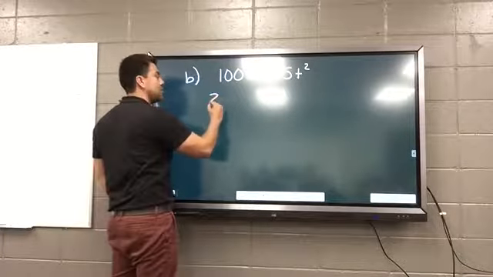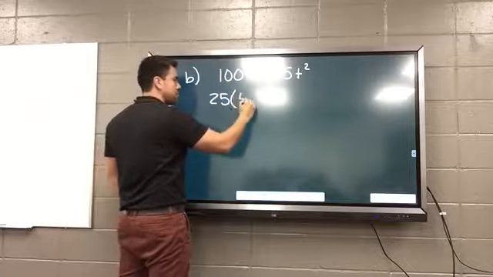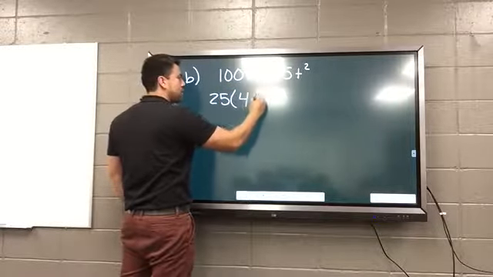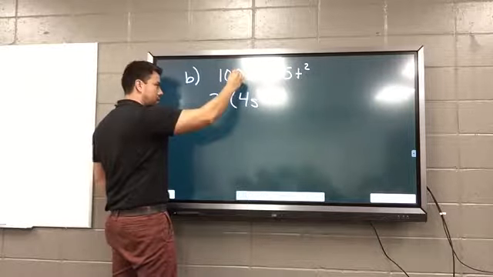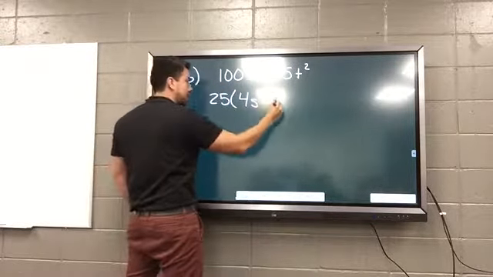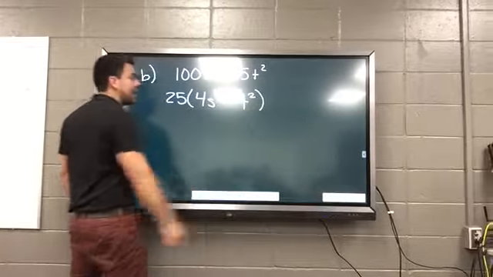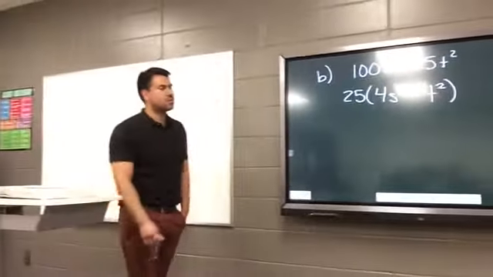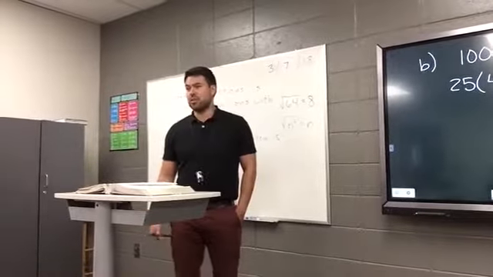So you're going to factor that out. What's going to be left in the first term? 4s squared, because 25 times 4s squared is 100s squared. That works. Minus t squared. Is this factored? No.